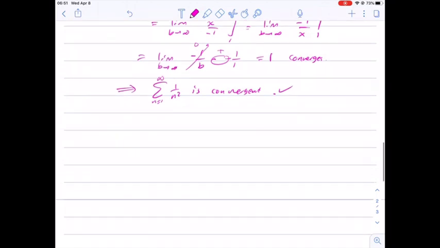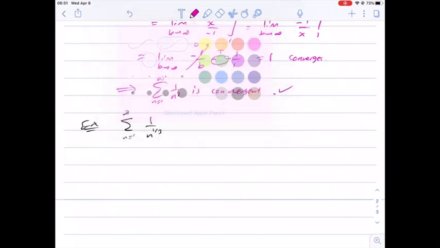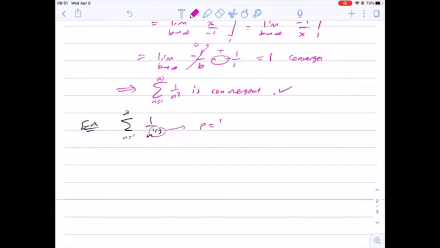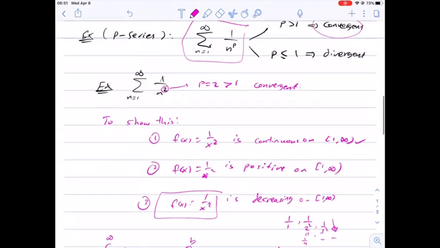Now we have another example here. If we are given the series 1 over n to the 1/3, n from 1 to infinity, as we can see here, p is equal to 1/3, and that's less than 1.